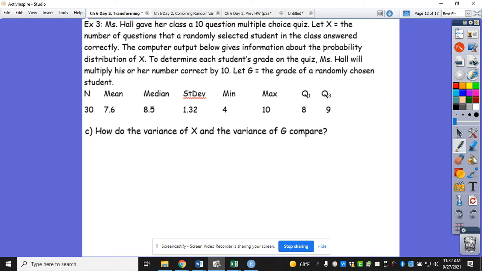Because what squared? It got 3 times bigger, right? So the area got 9 times bigger because 3 squared is 9. So here, g is how much bigger than x? 10 times bigger than x. So my variance is going to be how much bigger than it was? 100.